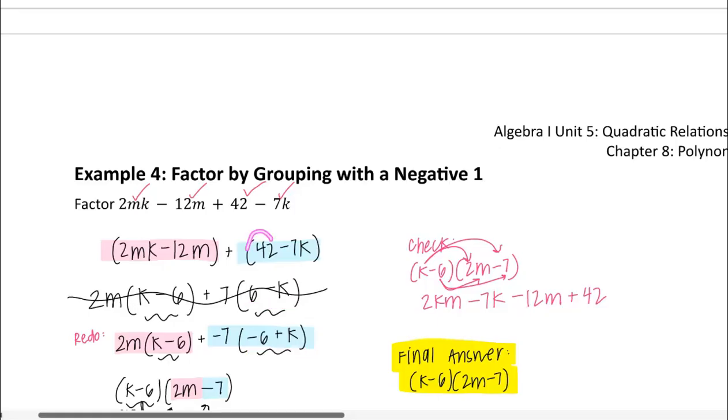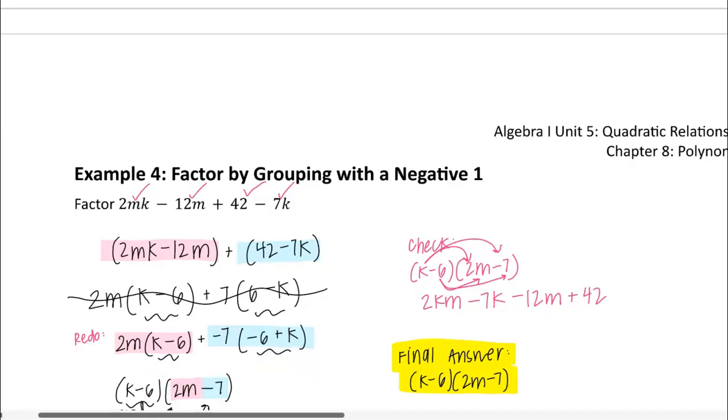Because in order to get positive 42, you would have to multiply a negative by a negative. In order to get negative 7k, you would have to take negative 7 times positive k. So by factoring out that negative instead of a positive, now you've made it so that your groups are completely the same. K minus 6 is the same as negative 6 plus k because the k is positive, the 6 is negative. So now you can move on.